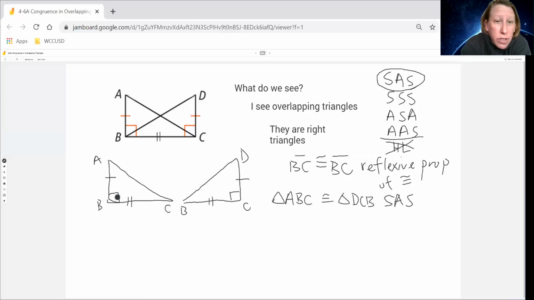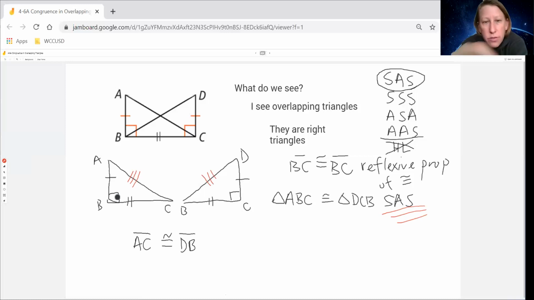If the triangles are congruent, I also know that side AC is the same as side DB. That's not because I was given any information on that. It is because now that I know the triangles are congruent, all their parts are congruent.